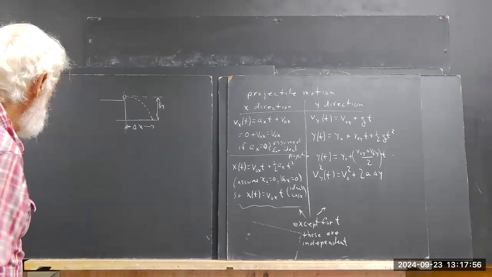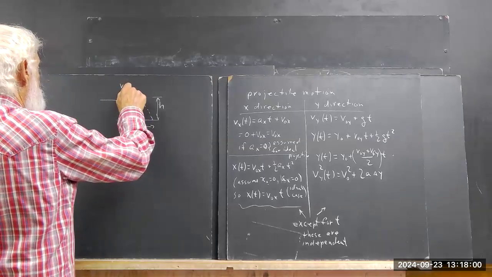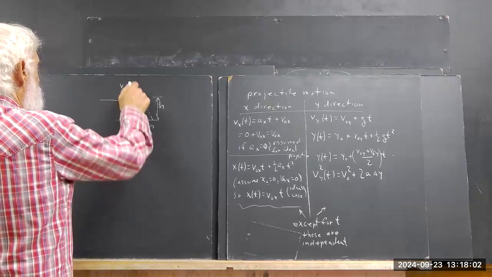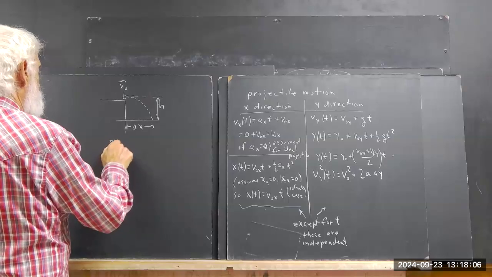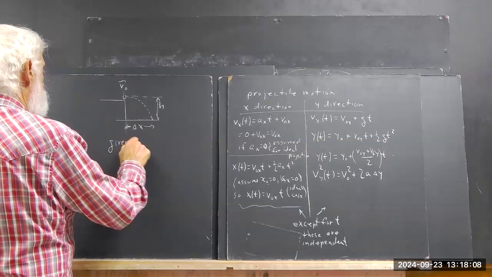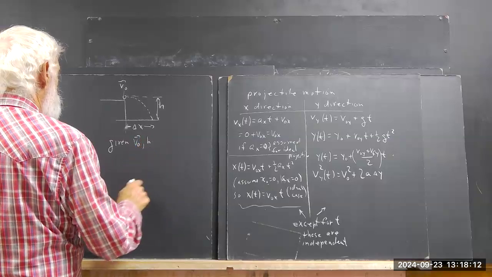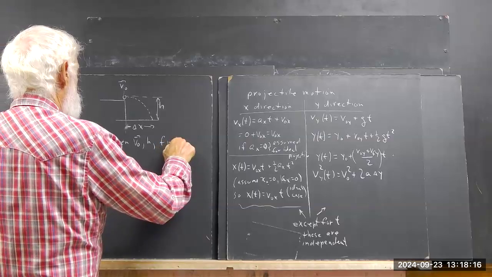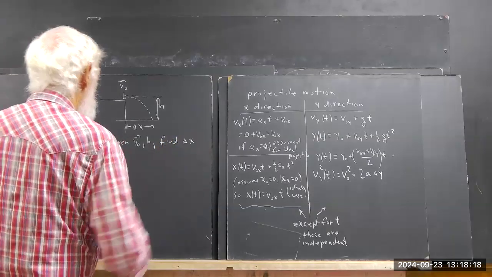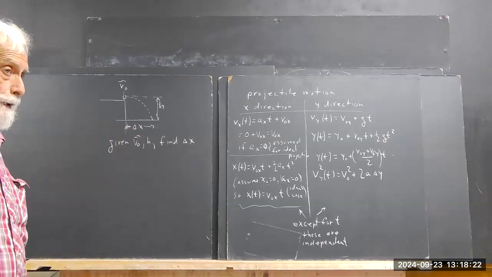So what can we say about this? If we know v naught and h, what's delta x?